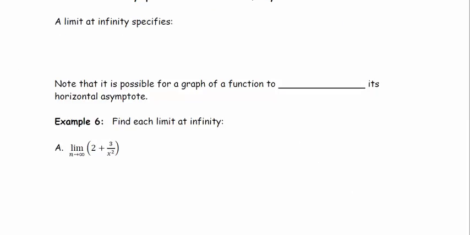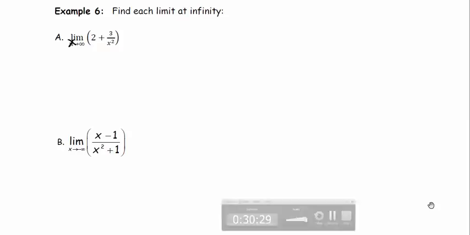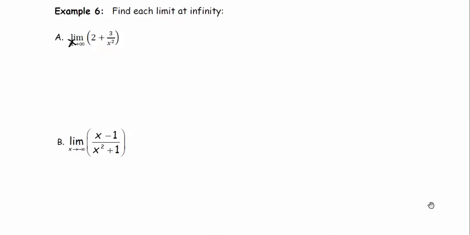So let's do an example here. Find each limit at infinity. Actually, this first one should be an x right here and not an n. So the limit as x approaches infinity of 2 plus 3 over x squared.